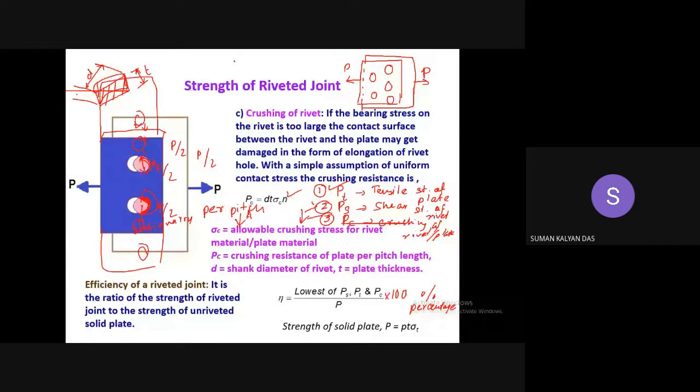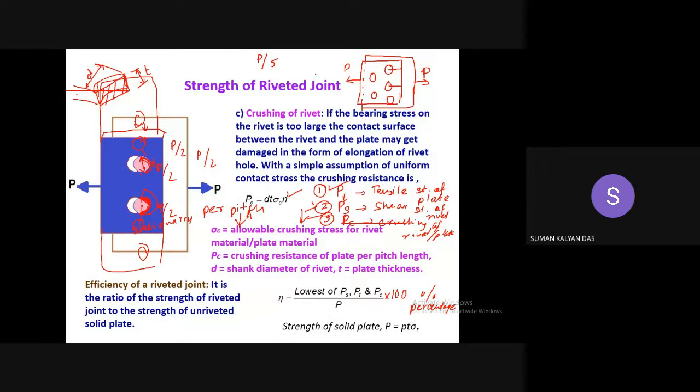So each rivet is taking P by 5. Now there was a confusion: one of the students approached me, saying that if he takes a per pitch based calculation, the final result he arrives at is different from what Bhandari has calculated.